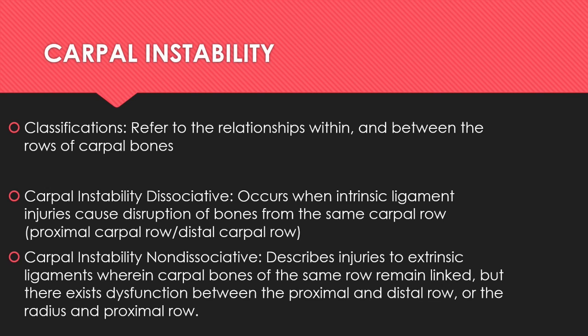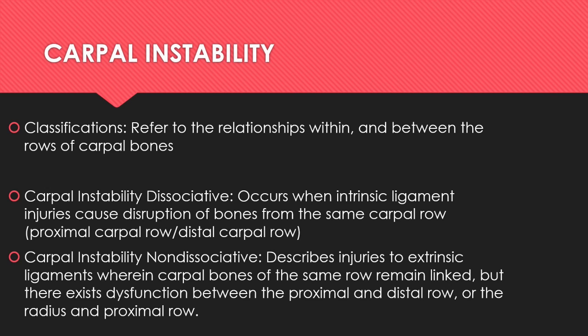So the AMA guides are going to require measurements for assessing the relationship between the scaphoid bone and the lunate bone, and for assessing the relationship between the triquetrum bone and the lunate bone. And the AMA guides also have a measurement for non-dissociative carpal instability as well.